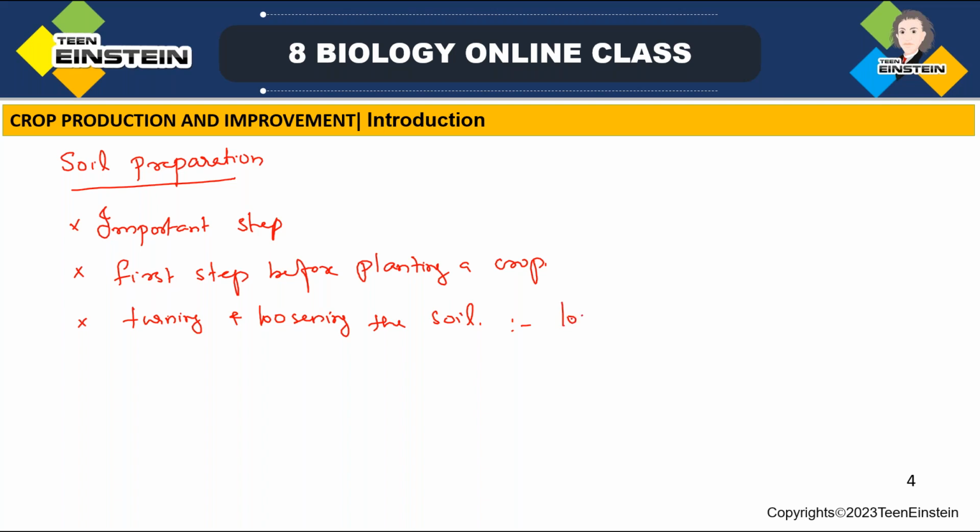This is for root penetration. The loose soil helps the root to penetrate into the soil, and that helps it to breathe freely even when it is deep in the soil. So root penetration and breathing, that is the importance of loosening the soil.